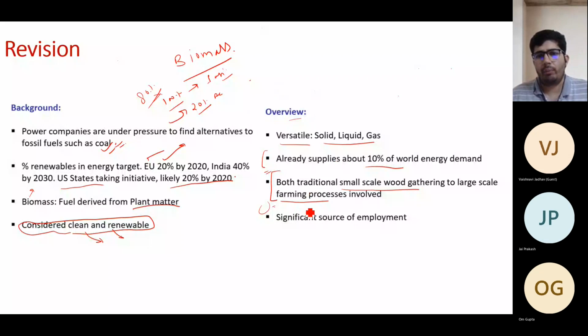So these are a significant source of employment, because every country is setting some targets for companies, and companies have to fulfill those targets, for example energy companies. Maybe you have heard about carbon credit and green credit.